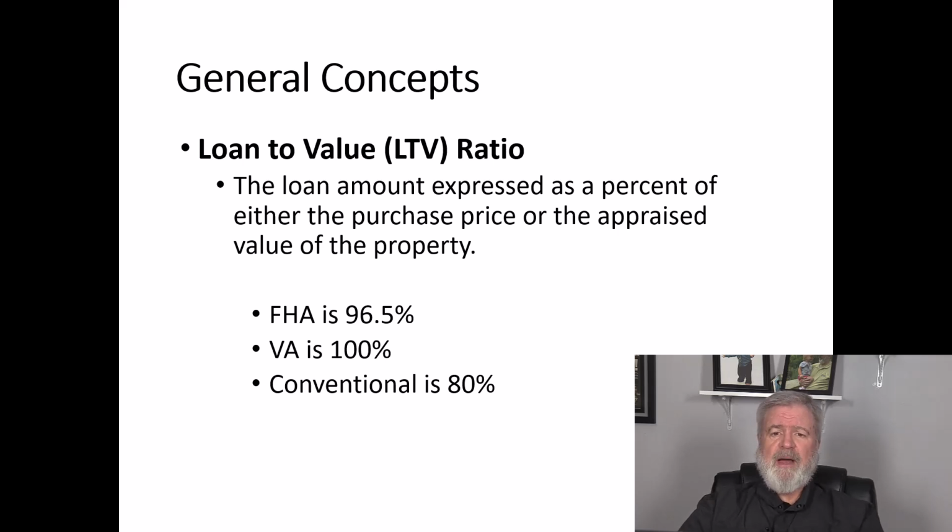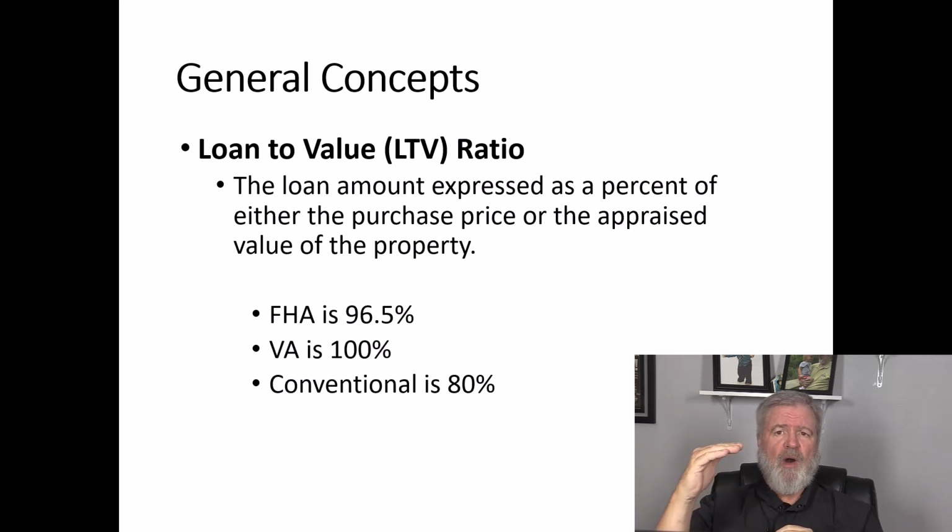For example, you might hear a lender say, all right, you're approved up to $100,000 with a 90% LTV. Okay, well then what does that mean? Well, that means that you're approved up to $100,000. That's the most they're going to loan you. But the loan to value is going to be 90%.